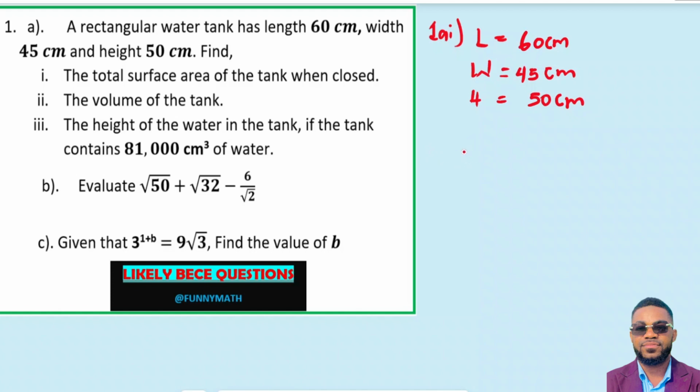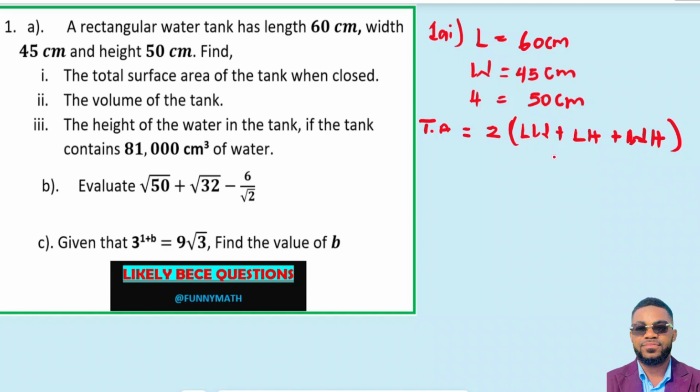Now, how do you find the total surface area of a closed cuboid, or in this case, a rectangular tank? So this is the formula that we're going to use. I'm using TA for the total surface area. And the formula is 2 times bracket LW plus LH plus WH.